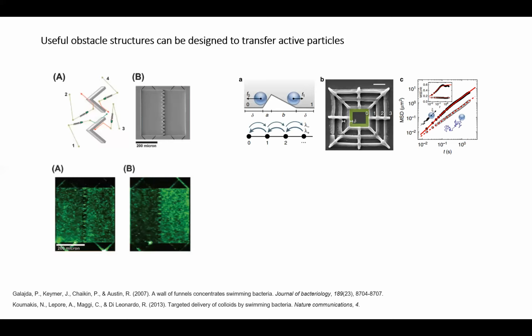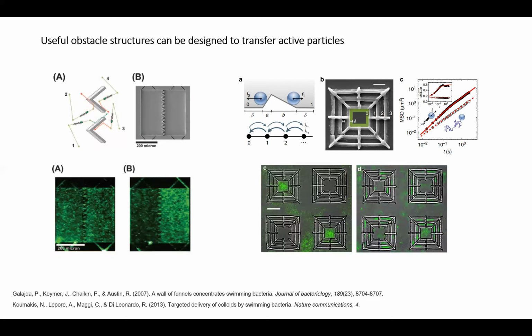And here you also see that people have exploited this asymmetric barrier idea to make experimental structures on a 2D surface. You can design structures that effectively push the active particles inside, because the asymmetric barriers are designed such that they go more likely one way than the other.